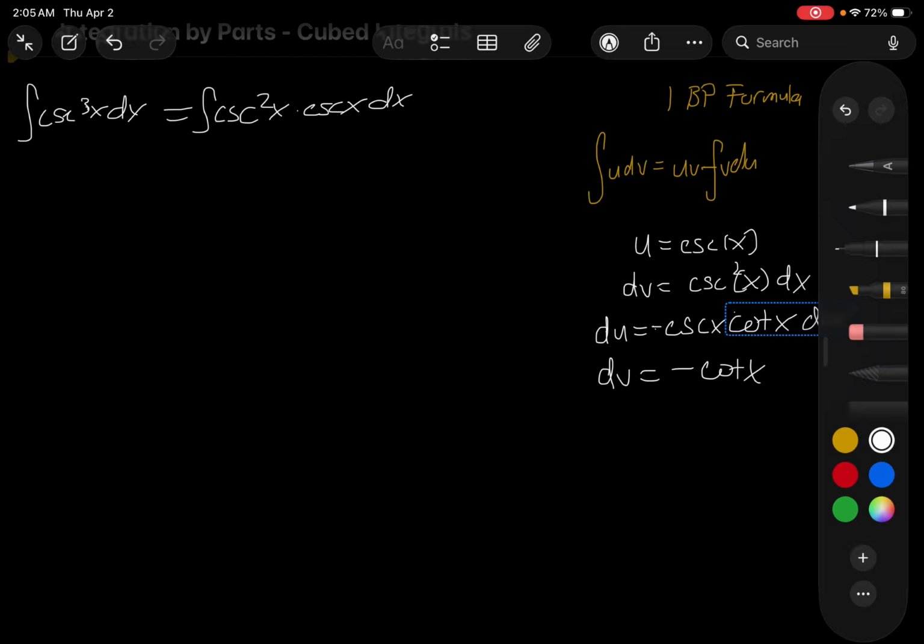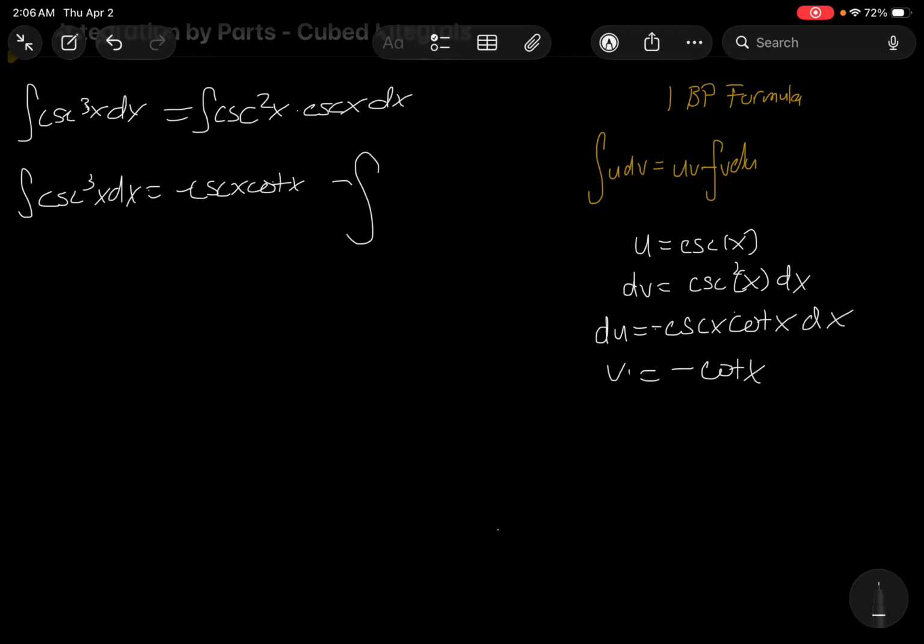Alright, and now we're going to replug that back in. Equals u times v. Why did I write dv down there? That's supposed to be v. Okay, negative cosecant of x cotangent of x minus the integral of v du.